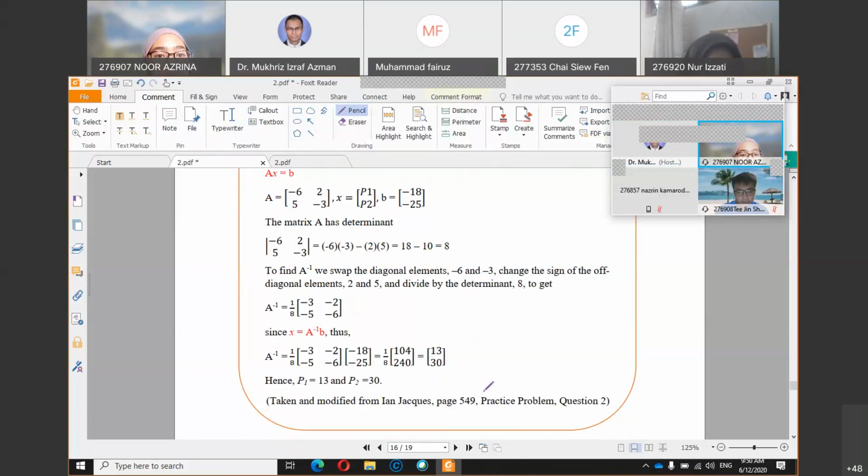Then to find P, we use X equal to A to the power of -1 times B. So A to the power of -1 equals 1/8, multiplied by B.